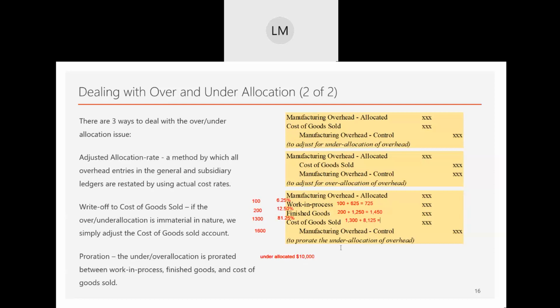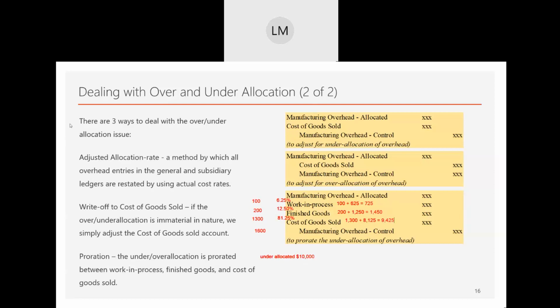And so my new cost of goods sold account after the adjusting entry would be $9,425. So that's the concept of manufacturing overhead: the amount is prorated between work in process, finished goods, and cost of goods sold.